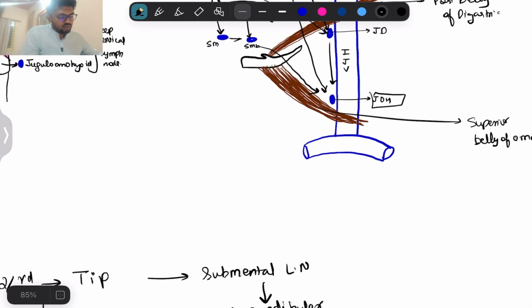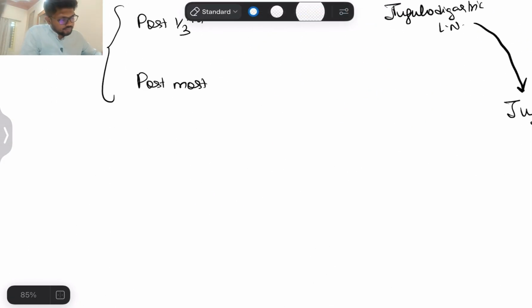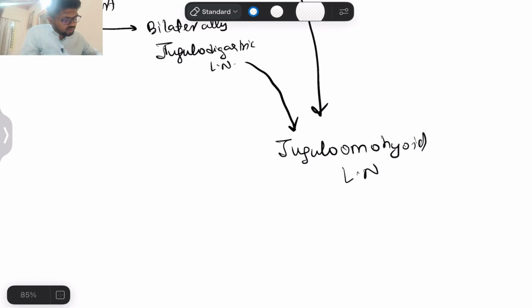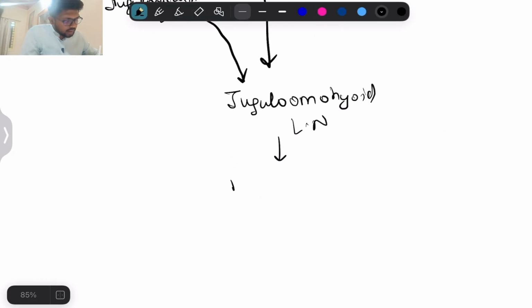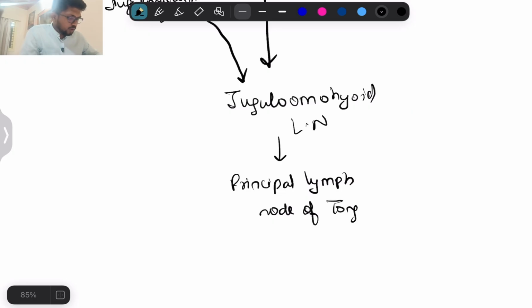So in this way we can say that the jugulo-omohyoid lymph node is the principal lymph node of the tongue. We should remember that the principal lymph node of the lymphatic drainage of the tongue is the jugulo-omohyoid lymph node.